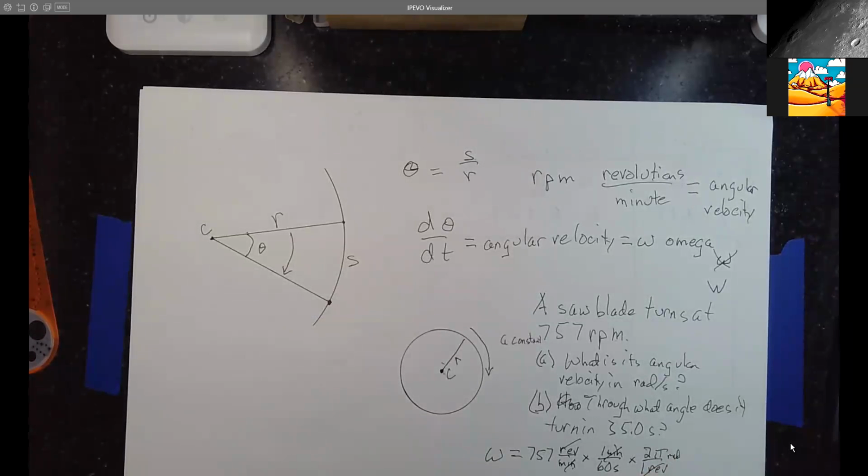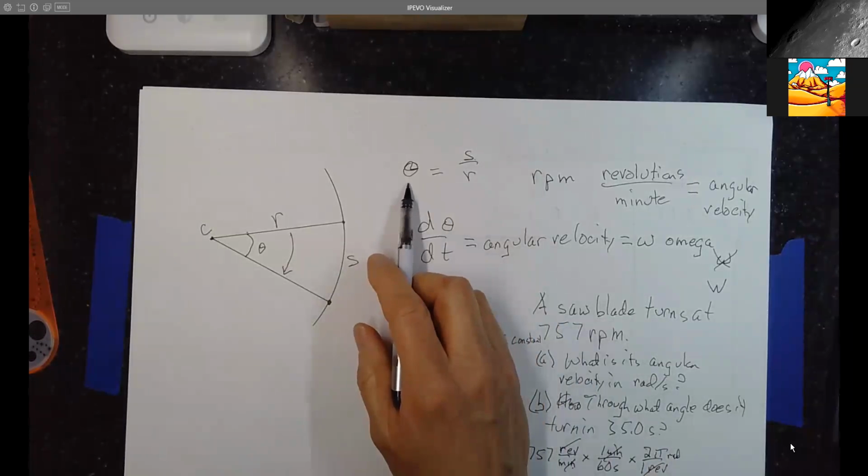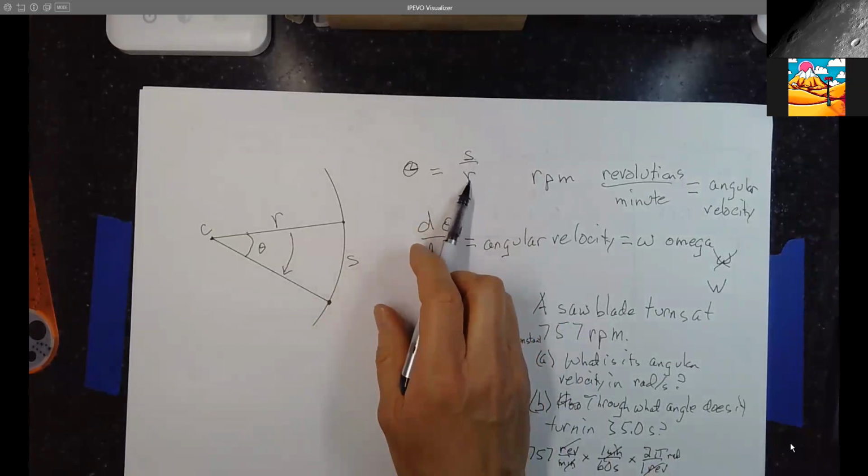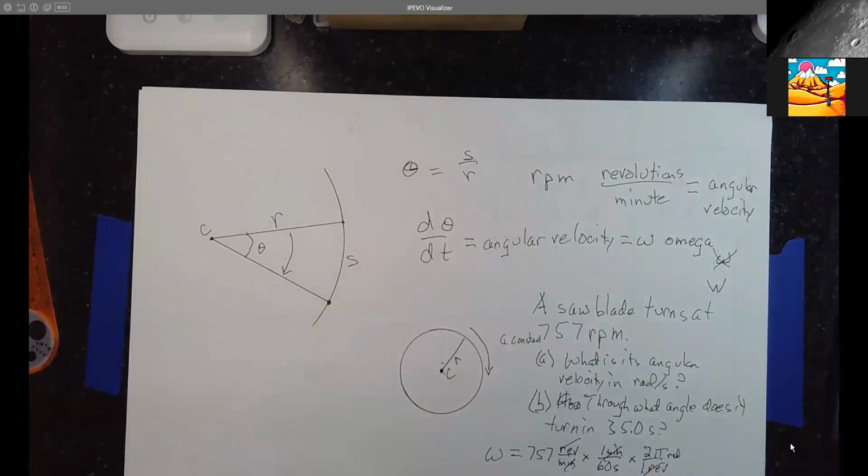In fact, the radian measure is a ratio of length divided by length. So it's actually a dimensionless quantity. It's like a placeholder word that we put on things. Same with a degree. It's a pretty weird quantity. But anyway, that's the way that you would convert from revolutions per minute into radians per second.